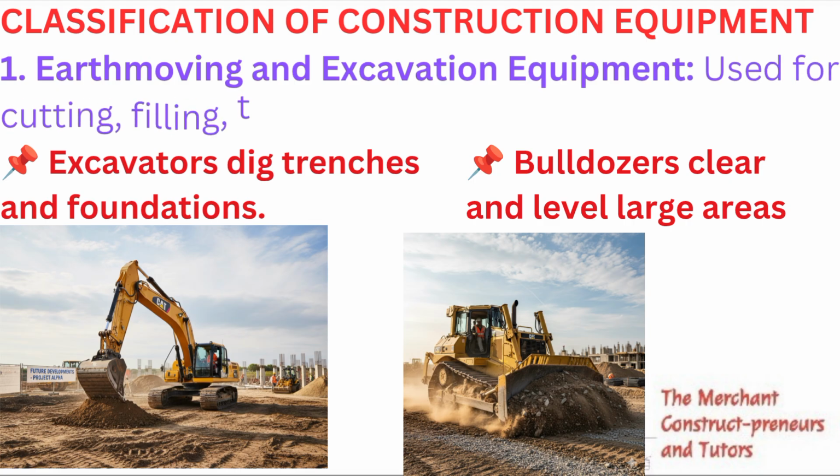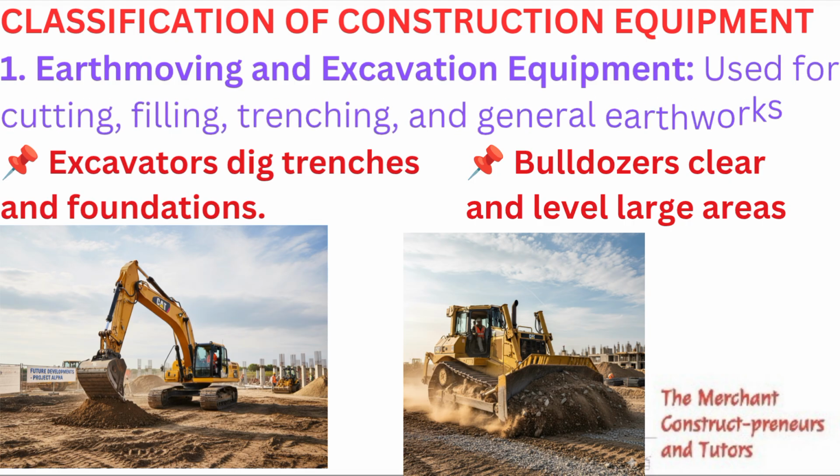Next, you need to look at the classification of construction equipment. First, earth moving and excavation equipment. They are used for cutting, filling, trenching, and general works. Just as we have the excavator, it digs trenches for foundations. The bulldozers clear and level large areas, right?